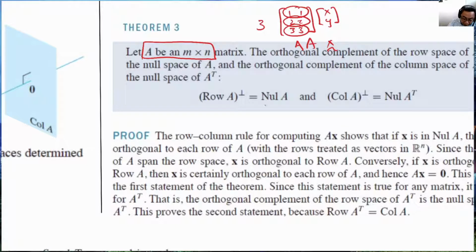What about the null space? Remember that the null space is whatever the solution is when Ax is equal to 0 on the right hand side. So it means that the rows of A multiplied by this vector xy will give 0.